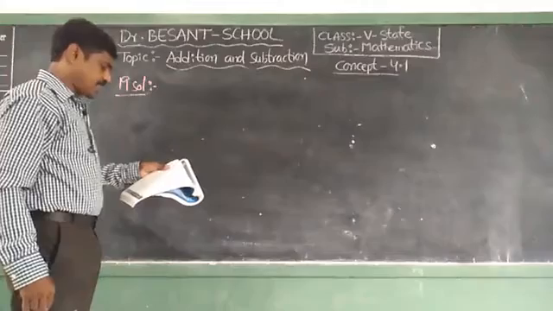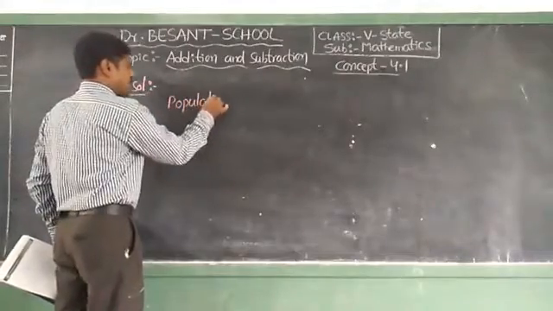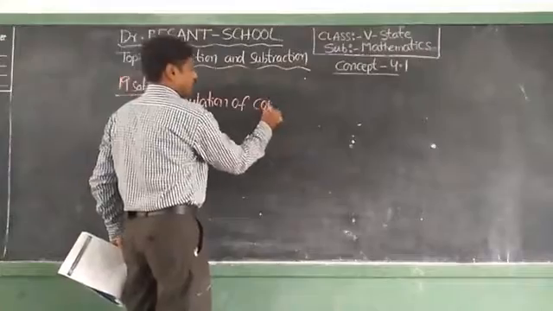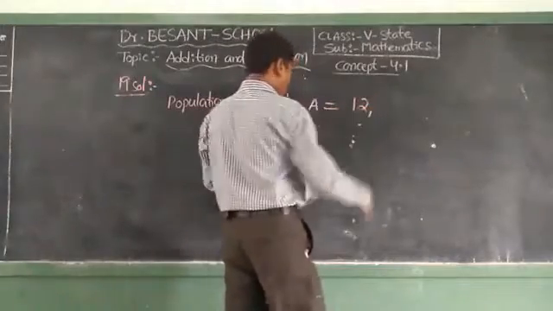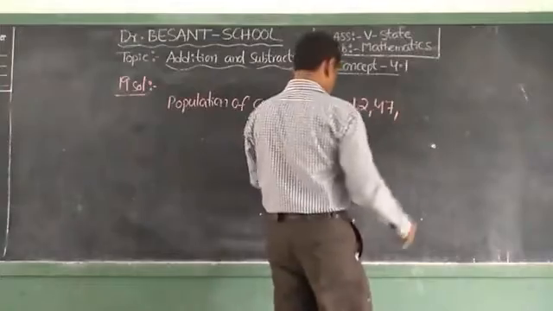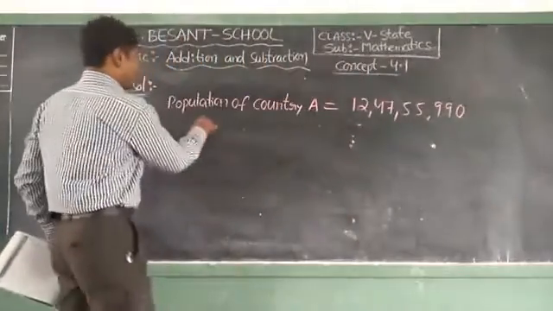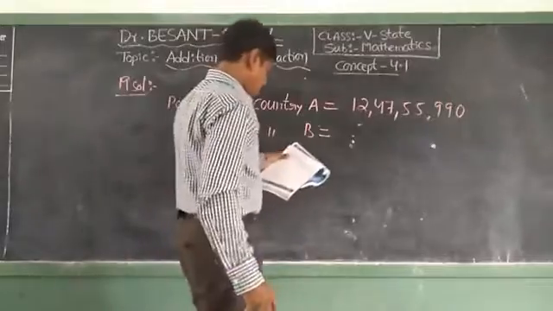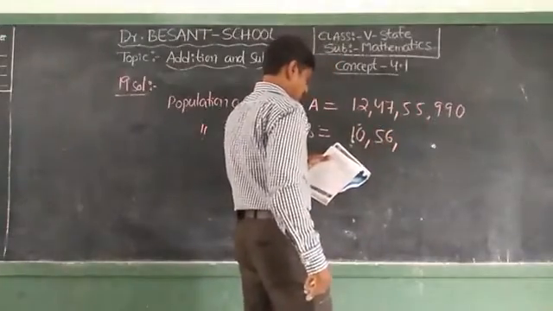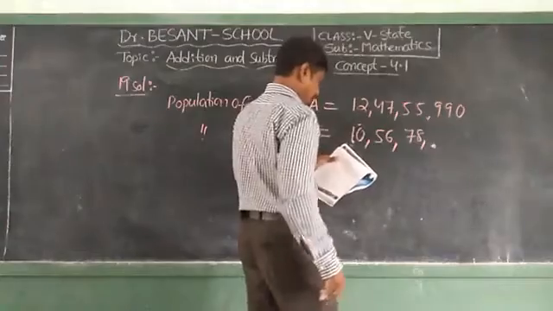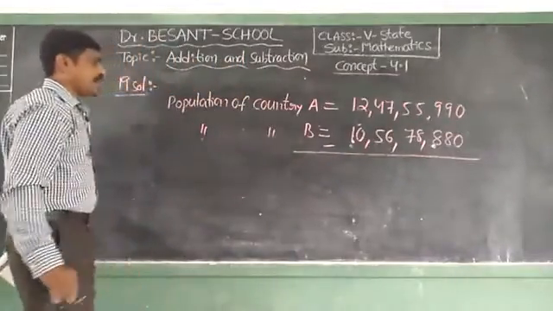See, population of country A is 12 crore 47 lakh 55,990. Population of country B is 10 crore 56 lakh 78,880. So population of country A minus population of country B.